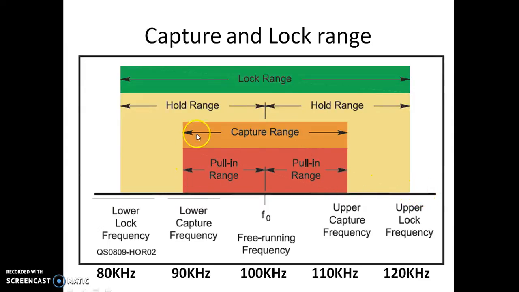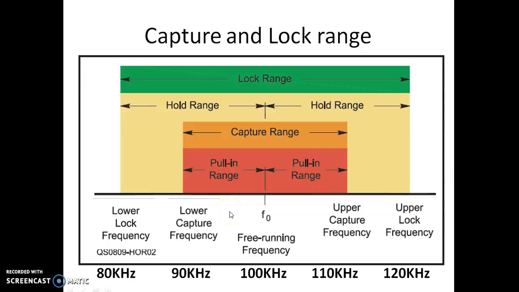Meaning, if the input signal has to get traced, first it has to come within the capture range. So the capture range is always smaller than the lock range. Once it is captured, if you go above this, it stays locked till this upper frequency. If you go below this, it stays locked till the lower frequency.